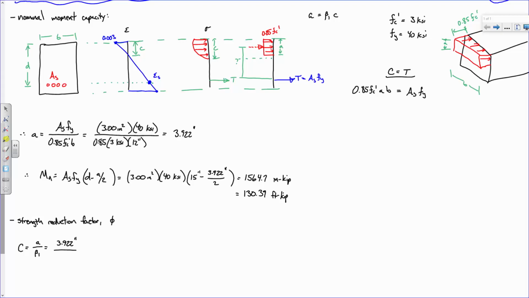First off, what do we look at if we want to figure out beta 1? What value do we pay attention to? How do we determine what beta 1 is? It depends on what? It depends on f'c. Exactly right.